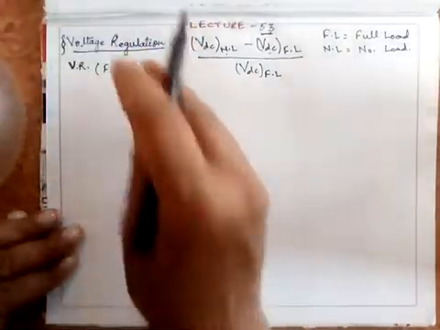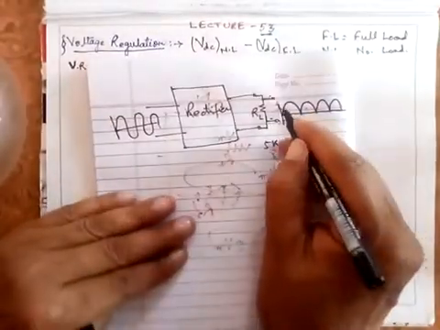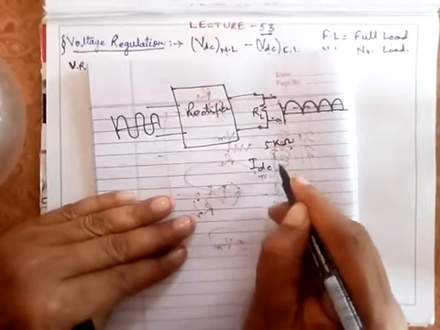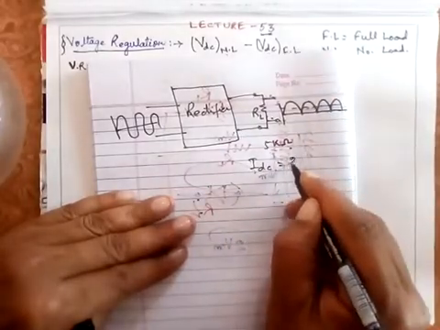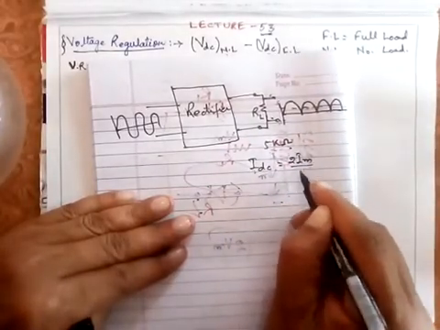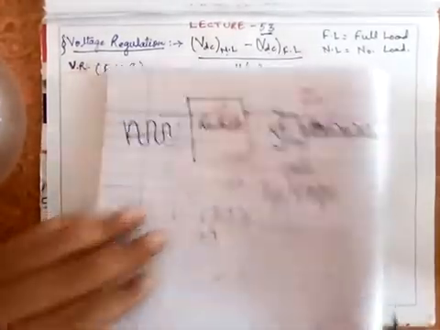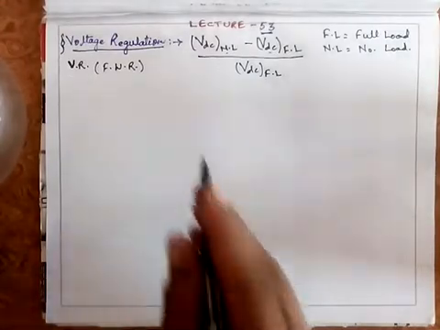For a full wave rectifier, suppose this is your full waveform and this is the DC value, IDC. We have derived that IDC for a full wave rectifier is equal to twice Im by pi, where this maximum is Im. So I'll start from here only.